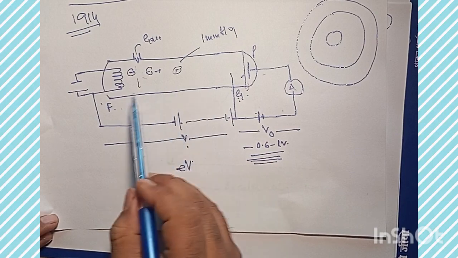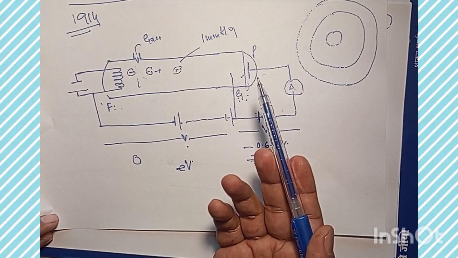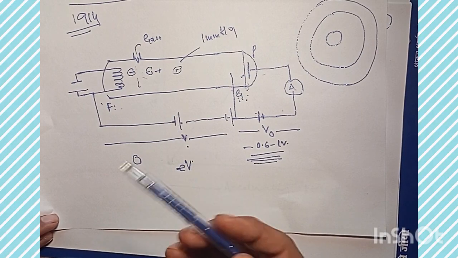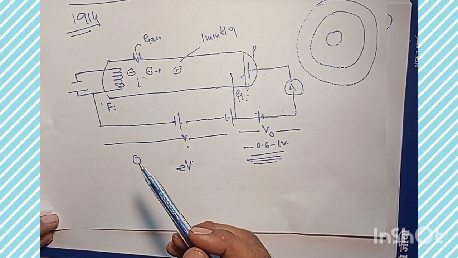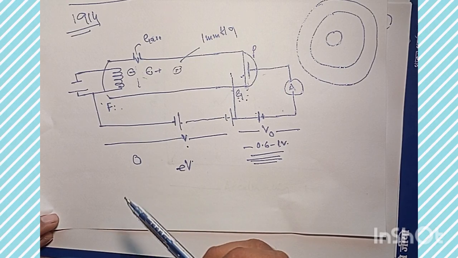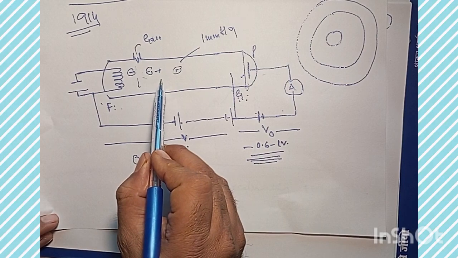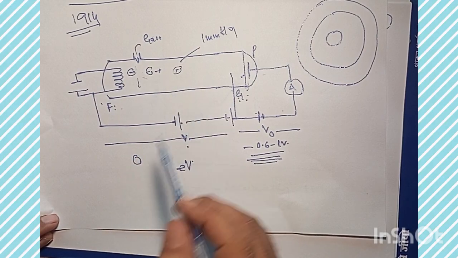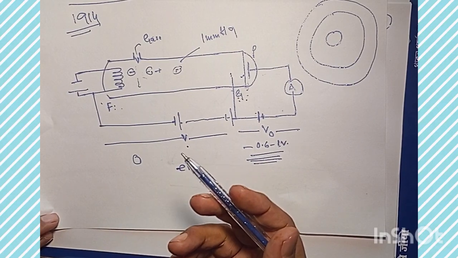Now, between F and G, the electrons collide with the gas atoms, but since the electron energies are not enough to excite the atoms, the electrons do not lose energy in these elastic collisions.